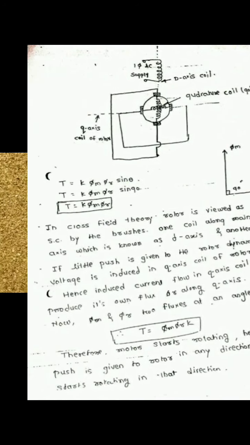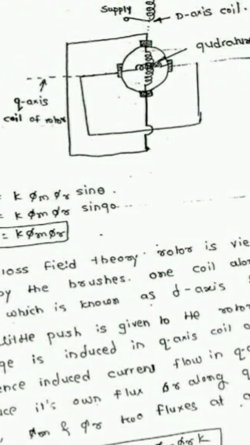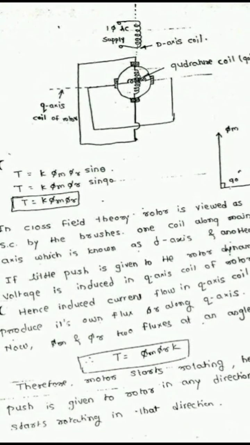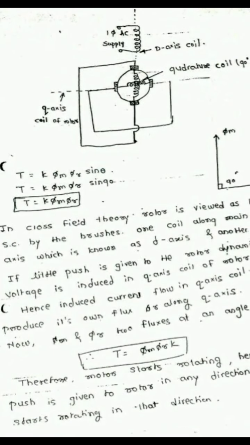We have the fundamental formula, the torque equation of a single phase induction motor by cross field theory: T is equal to K phi m phi r sin theta, where K is a constant, phi m is the flux produced by the D axis coil, and phi r is the flux produced by the rotor winding. The angle between the main flux on the D axis and the Q axis flux is 90 degrees, and sin 90 is 1.